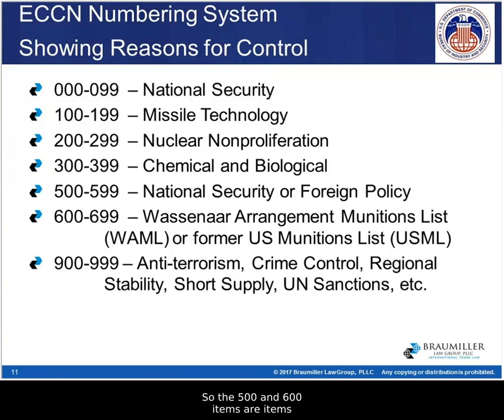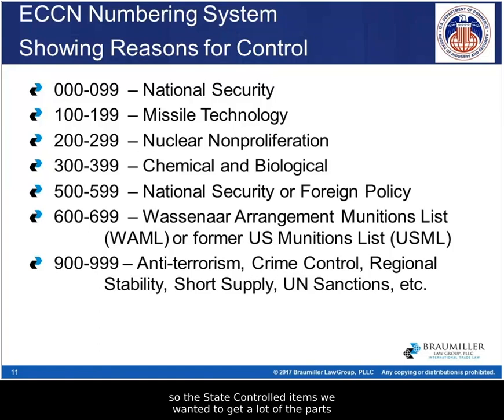So the 500 and 600 series items are items that just recently came over. Well, I say recently, but it's been in the last 6 or 7 years. So with the Export Administration Regulations, the EAR, in the last administration, there was a big push to get a lot of items off of the USML, the ITAR, so the State-controlled items.